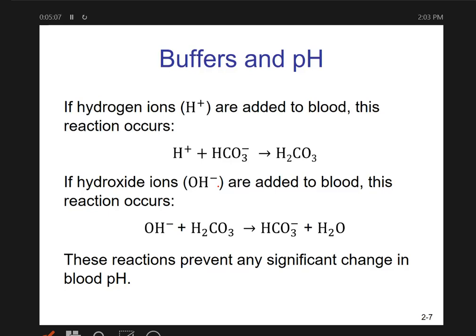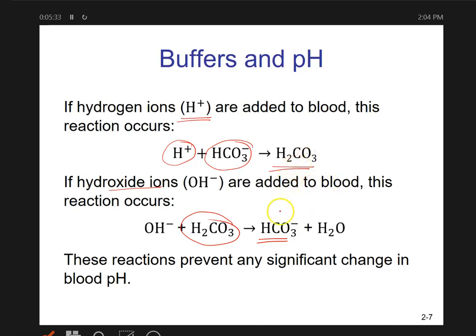If there is a huge influx of hydrogen ions, then the hydrogen ions bind with the bicarbonate to give you carbonic acid. So it acts as a sink, right? Hydroxide ions, if they are added, will bind to the H2CO3, and now the reaction will go the other way, and you'll add more bicarbonate ions to your blood.